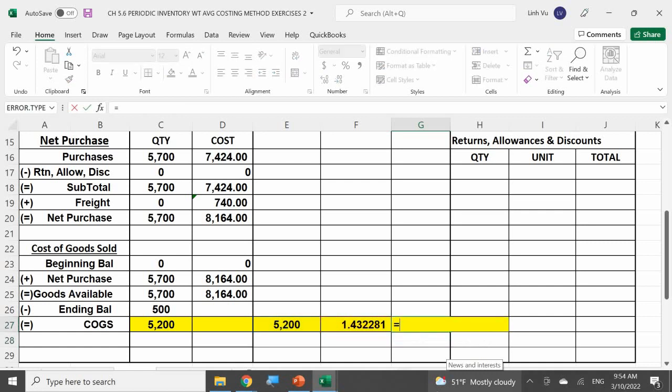No, okay, do it again. What was it? 5,200. 5,200 divided by. Not divide. We're multiplying because we're trying to solve how much 5,200 cost me if each one was $1.43. I'm thinking it's a big number because it's a decimal, so I thought it was a total. No, we're multiplying. That's it, right? Because we're rounding.